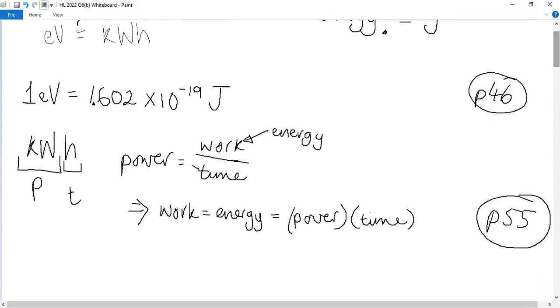Because work is power over time, I want to get my kilowatt hours into joules. I'll start with 1 kilowatt, which is 1000 watts. That's power, that's what kW means. And you want to put your hours into seconds, because joules are SI units.